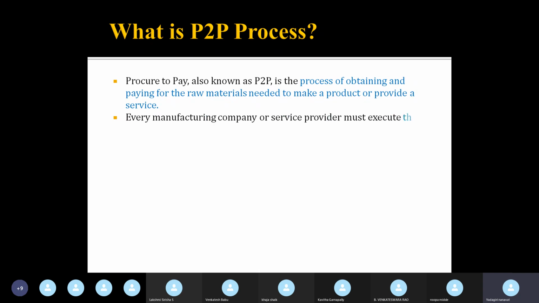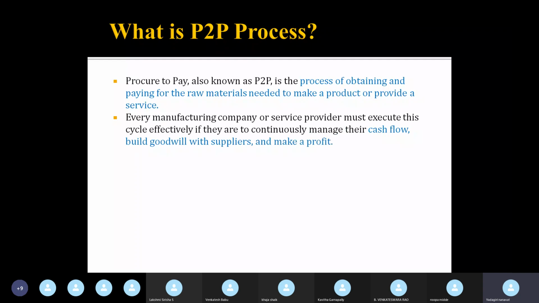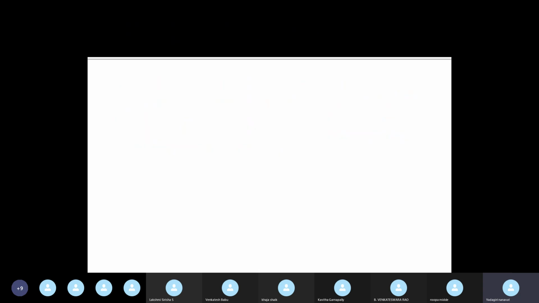Every manufacturing company or service provider must execute this cycle effectively if they are to continuously manage their cash flow, build goodwill with suppliers, and make a profit. This P2P process is necessary to maintain the cash flow, maintain a good relationship with the suppliers, and make profits.